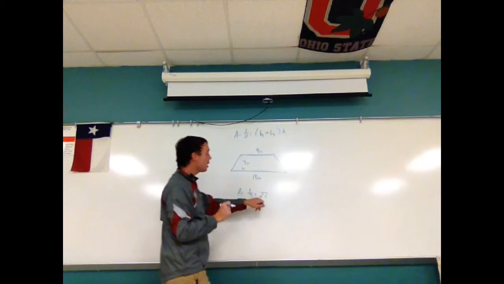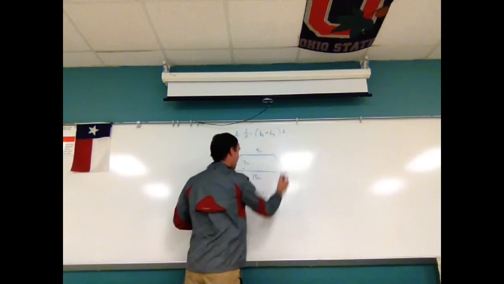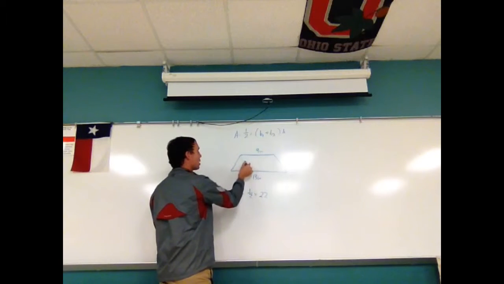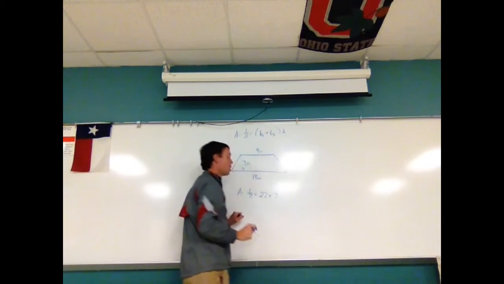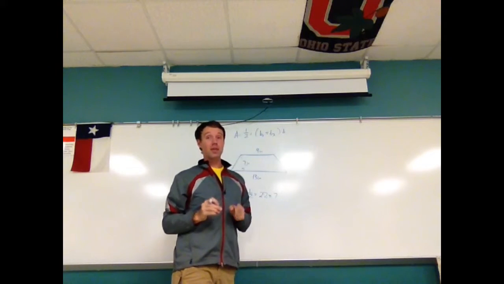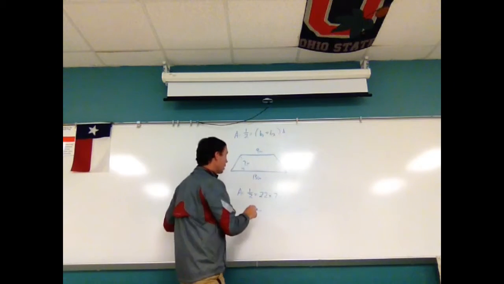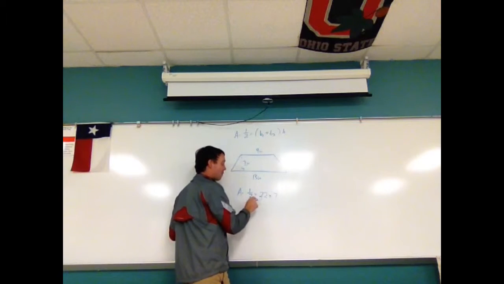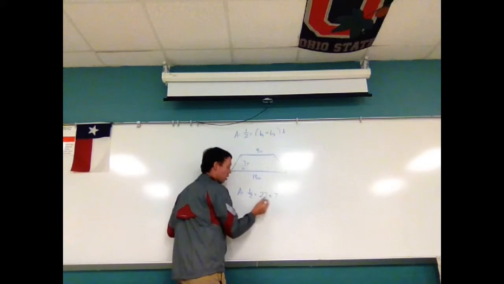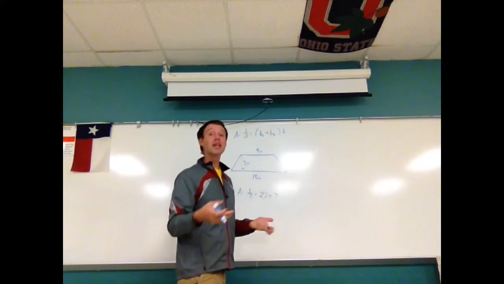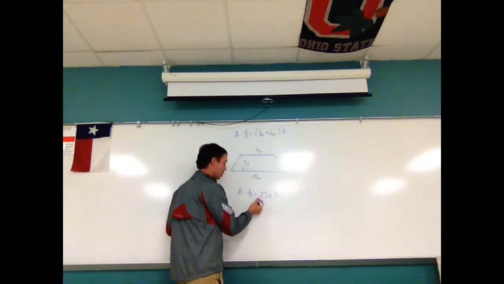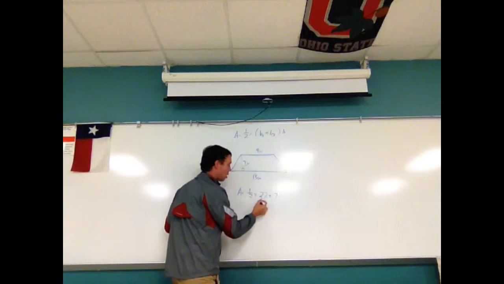Then I'm going to multiply that number times my height. My height in this case is going to be 7. So 22 times 7. You've got a couple of options of how you solve it at this point. Some people like to find what is half of 22. Many of you probably already know half of 22 is 11. Others like to say, well, I'm going to divide that 22 by 2.